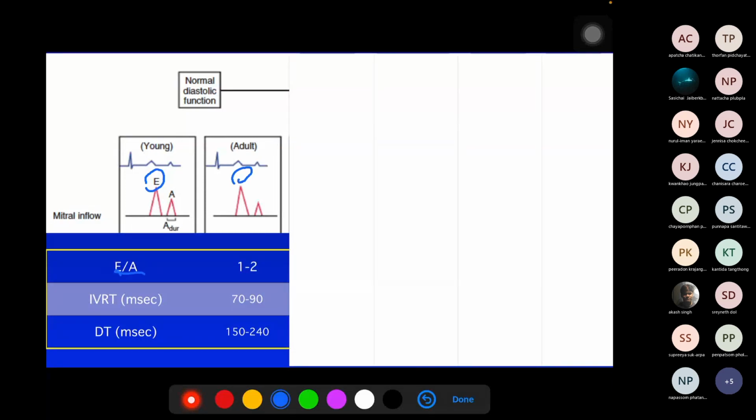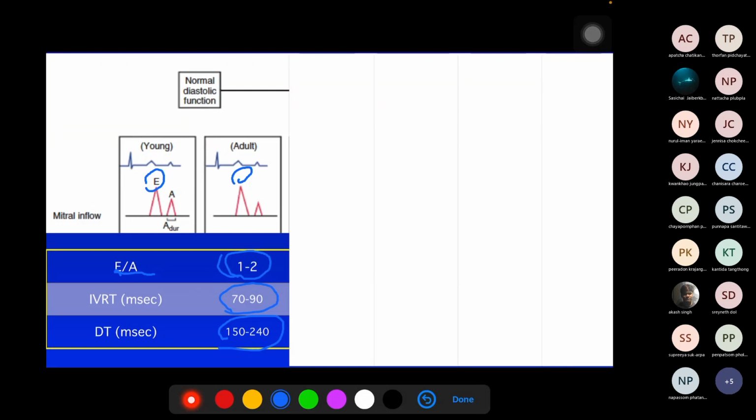So the E/A ratio should be about 1 to 2. The normal IVRT is about 70 to 90, and the normal DT is about 150 to 240 milliseconds. The time unit is milliseconds.